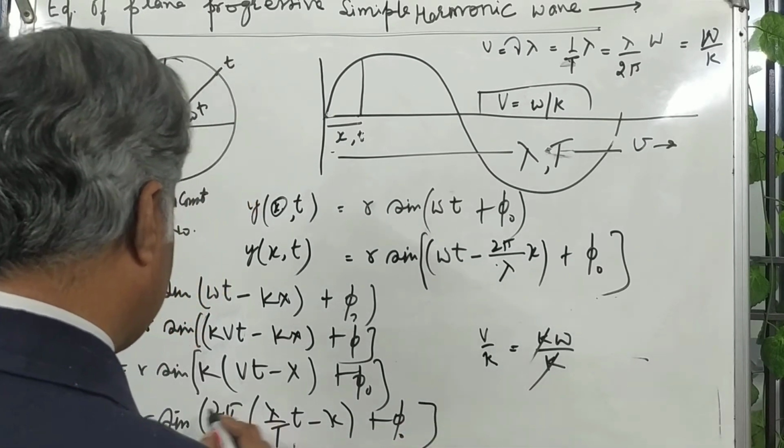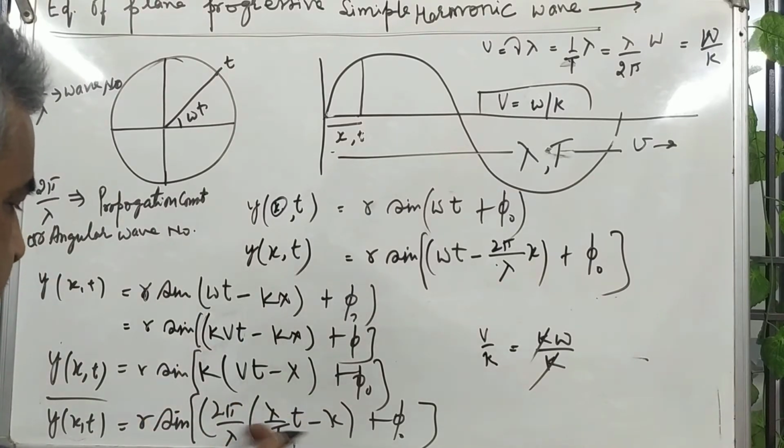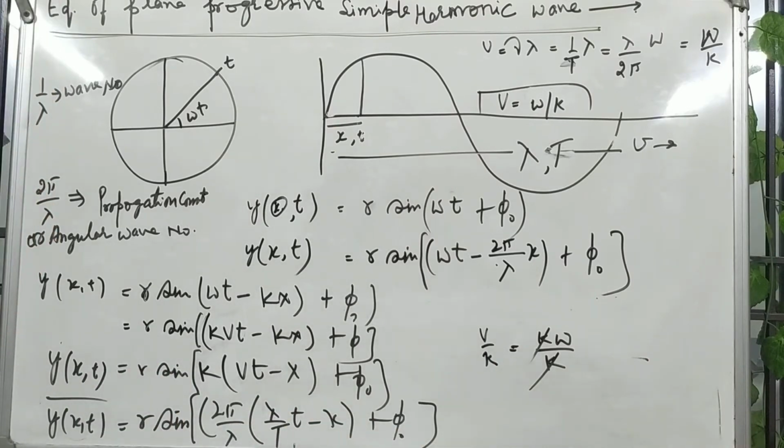You may represent it this way in terms of small t and capital T. Further transformation can be done.